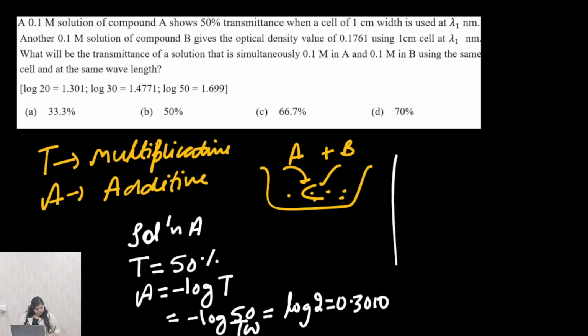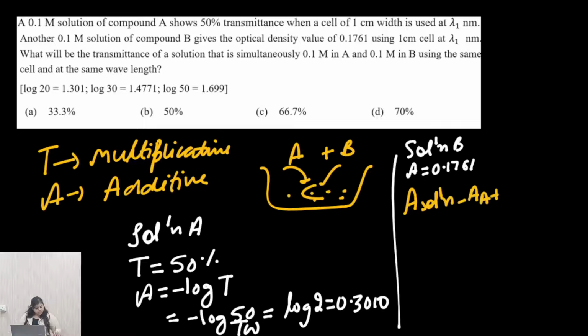Now for solution B, it is given that the optical density, which means the absorbance value, is 0.1761. Right? The overall absorbance of the solution will be the absorbance of solution A plus the absorbance of solution B, because absorbance is additive in nature. So it becomes 0.3010 plus 0.1761. So it becomes 0.4771. This is the absorbance value.